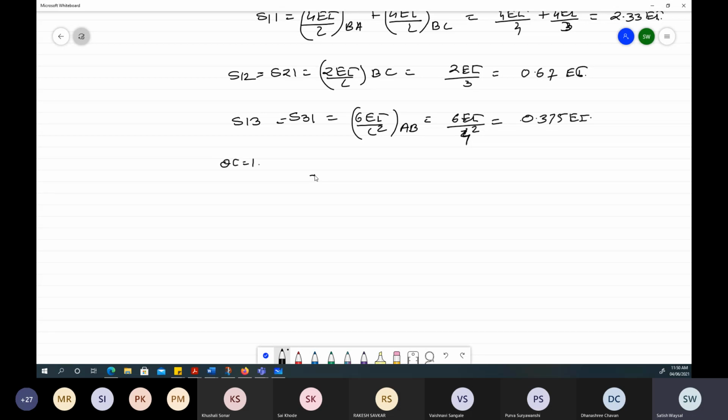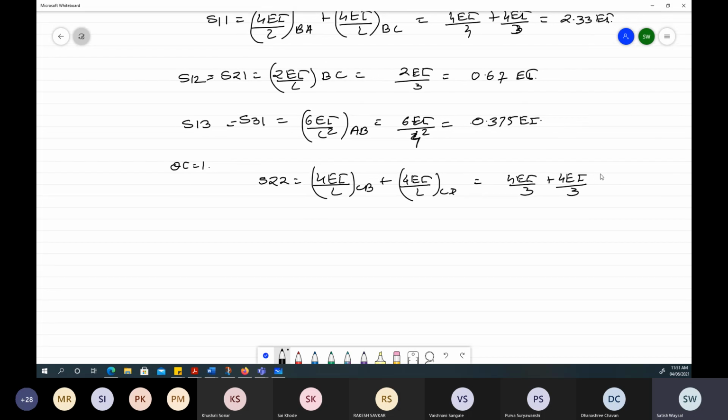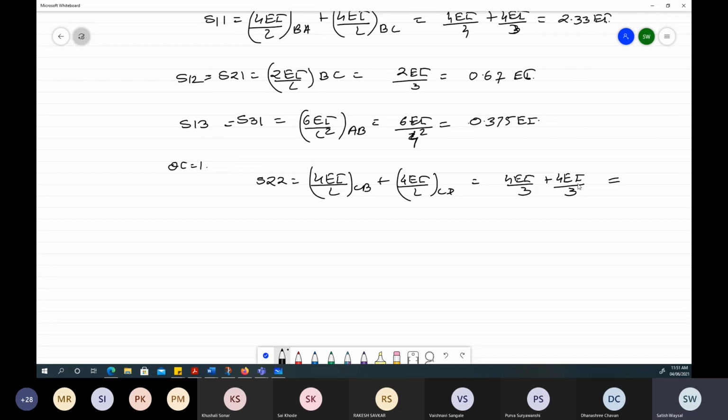So let us say that S22 is equal to 4EI by L for the first span, that is C to B, plus 4EI by L for span C to D. Here 4EI by 3 is there. Similarly in this span also 4EI by 3. So 4 divided by 3 plus 4 divided by 3 will be equal to 2.67.